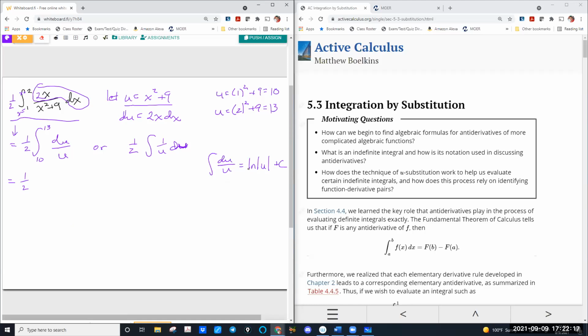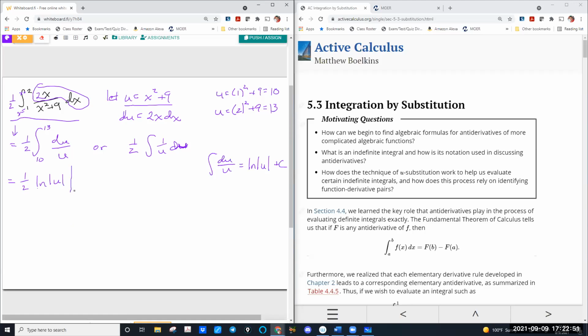The reason is because 1 over u is defined for all reals except 0. Natural log of u is only defined for positive numbers. So to make these actually match up, we use the absolute value. We don't need the absolute value in this one because we're going to be plugging in numbers that are already positive, but it's not going to make it wrong either. So if you did put in the absolute value, that's not a problem.